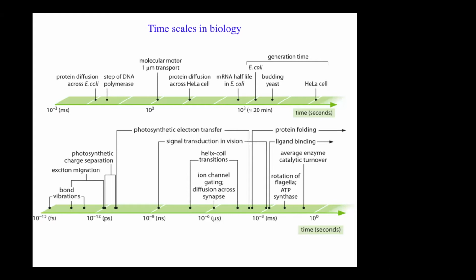There are huge variations. Some messages have a much shorter lifetime. Some messages have a much longer lifetime, but they're not infinite. And proteins also have a finite lifetime. Some proteins are made and degraded relatively quickly, meaning in hours or so, and some proteins, once they're made, will live more or less forever.